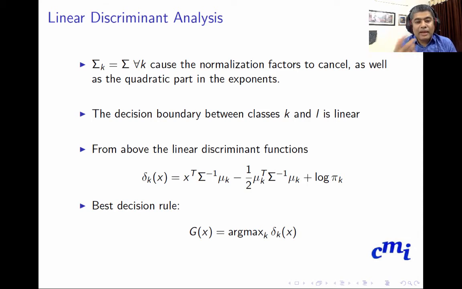That is the main advantage here. So the decision boundary between k and l turns out to be linear. From the above linear discriminant function, with a little bit of mathematical simplification, you can say that your final decision rule will be x transpose sigma inverse mu_k minus half mu_k transpose sigma inverse mu_k plus log of pi_k again.